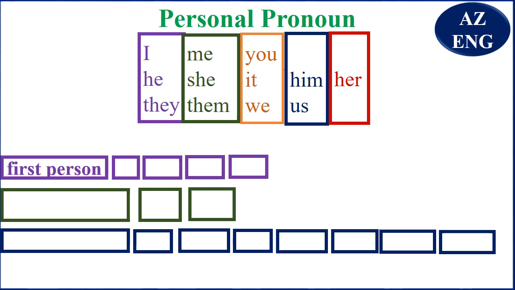So we've got the first person, and the words we've got here are I, me, we, us. The first person, the me speaking or we speaking, us. You know that the I and the me are singular.